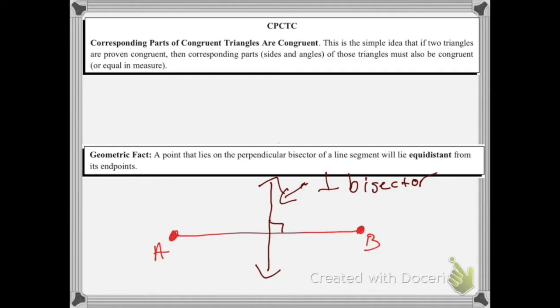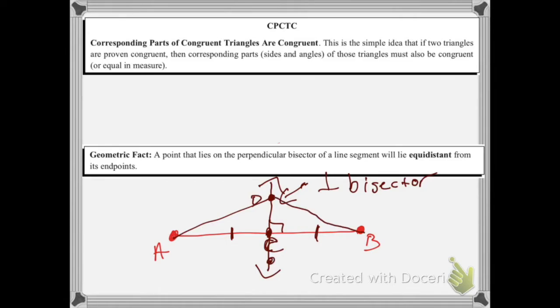If I have a point right here that lies on the perpendicular bisector, then that point is going to be equidistant from A as well as B. If this point is D, then we know that DA is congruent to DB.